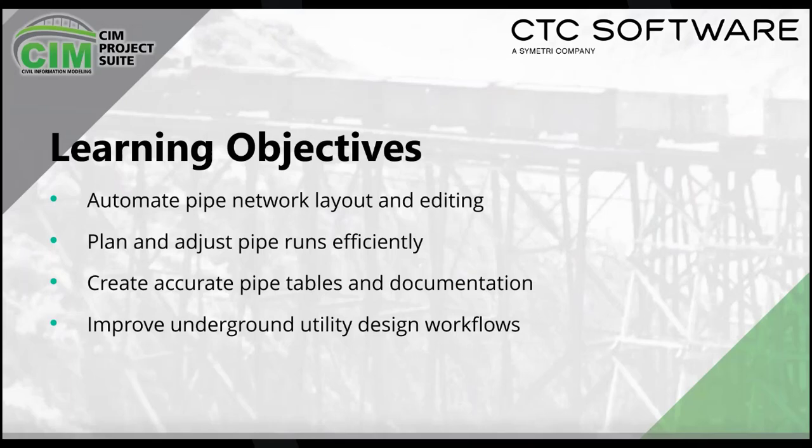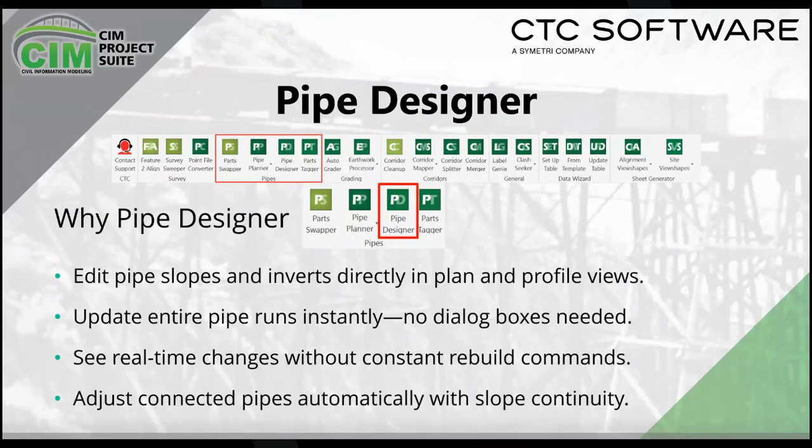So today we're going to see how we can automate some of our network editing, how it lays out in there, adjust plan runs efficiently, which will help us to create accurate pipe runs and overall improve our underground utility design workflows when using our pipe networks.